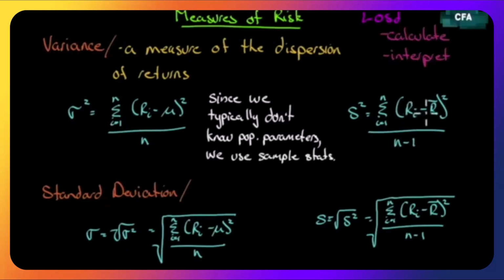Then we take each observation minus the sample mean. Again, the numerator is just the squared deviations, divided by n minus 1. We'll get a sample variance. The standard deviation is just the square root of the variance, the term under the root sign.